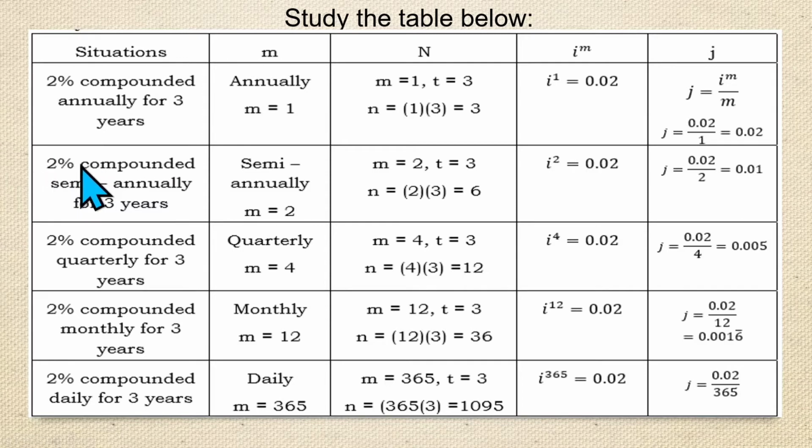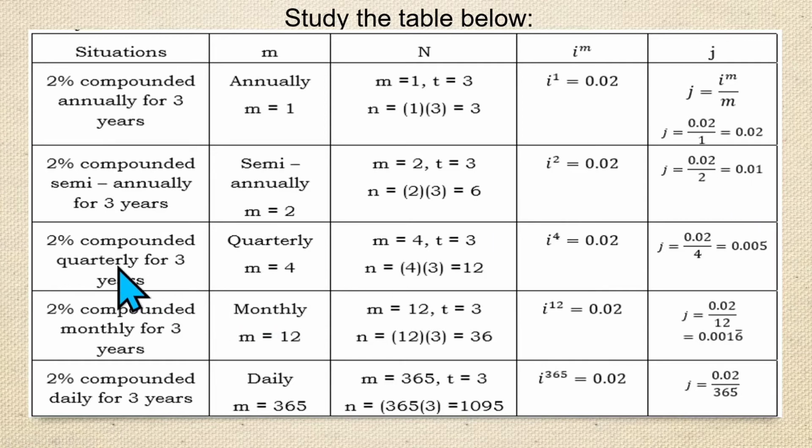So meron tayong 2% lang dito. So 0.02 pa rin ang equivalent ng I2. And then to find the j, substitute in the formula im divided by m, 0.02, which is the I2, and then divided by 2, which is semi-annually, so m is equal to 2, and then we will have 0.01.